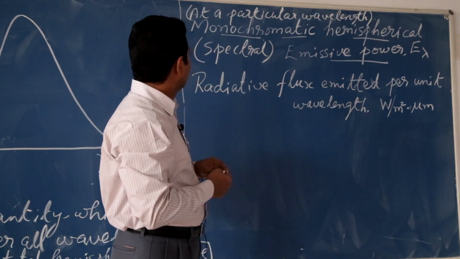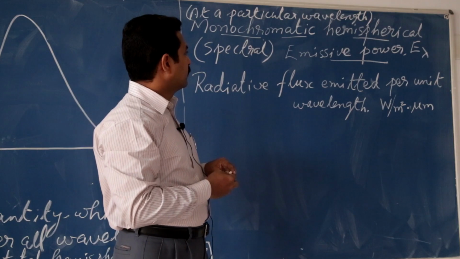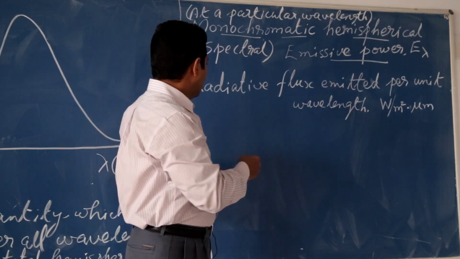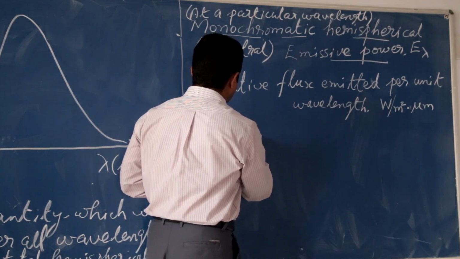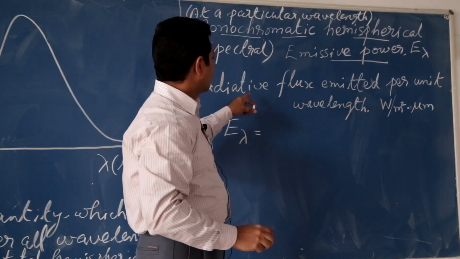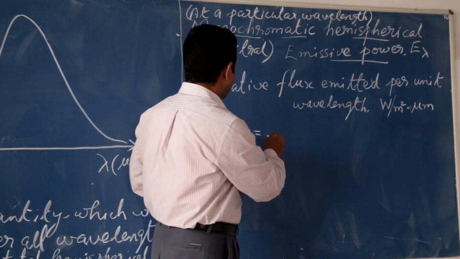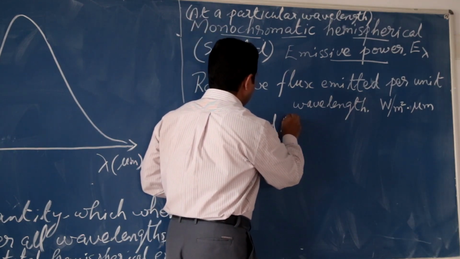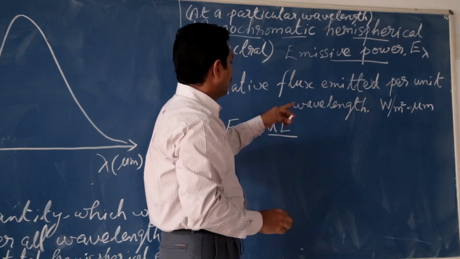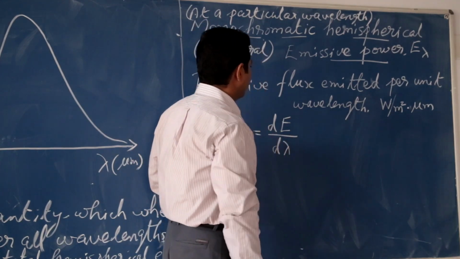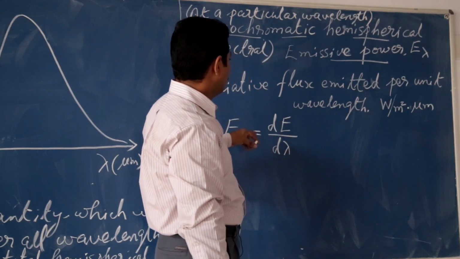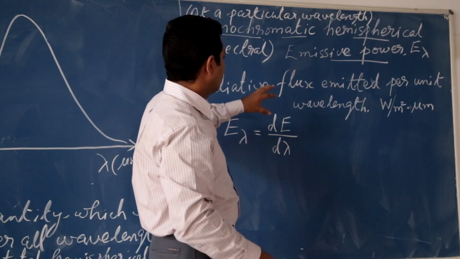Then we will see what this monochromatic hemispherical emissive power is. That is E lambda. E lambda is the radiative heat flux emitted per unit wavelength, that is dE by d lambda.